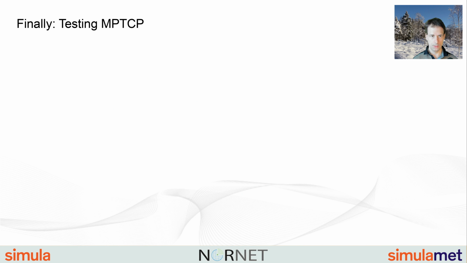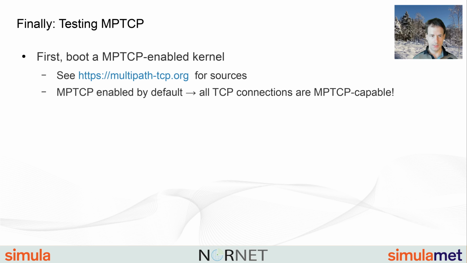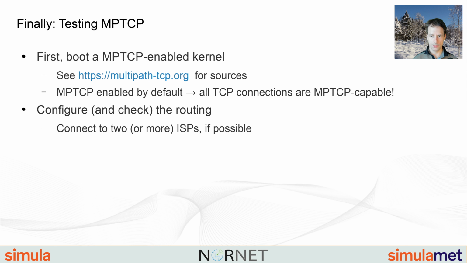So how can you test this? Obviously you need an MPTCP capable kernel. You can get it from the Git repository, from the developers at Université Catholique de Louvain-la-Neuve. Compile it and boot it and enable it so that all connections are now MPTCP capable.